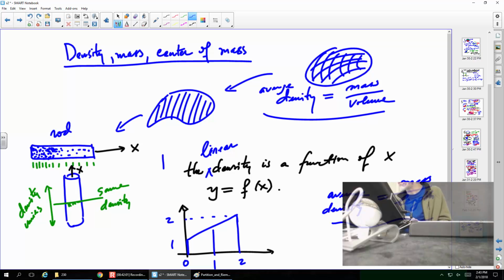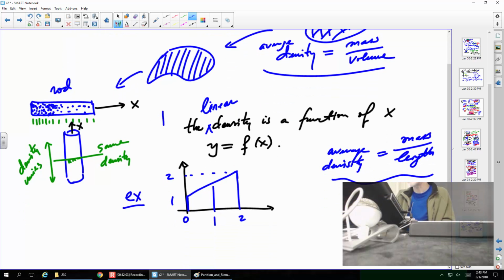Okay, so for example, in this example on the left, let's see. What's the average density of this object? The density varies from 1 to 2 in a linear fashion.